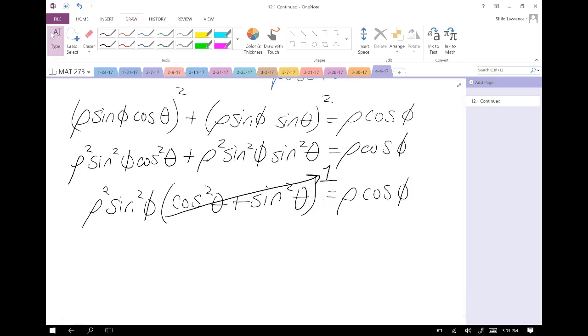And multiplying by 1 leaves just rho squared sine squared phi equals rho cosine phi. The theta disappeared from the problem. That means whatever this surface is, it has no restriction on theta. It goes all the way around the xy plane.